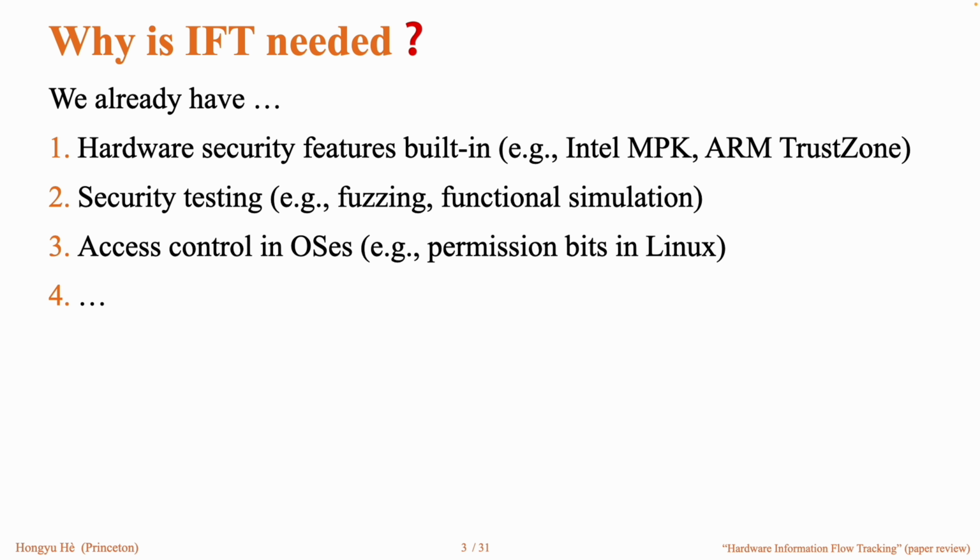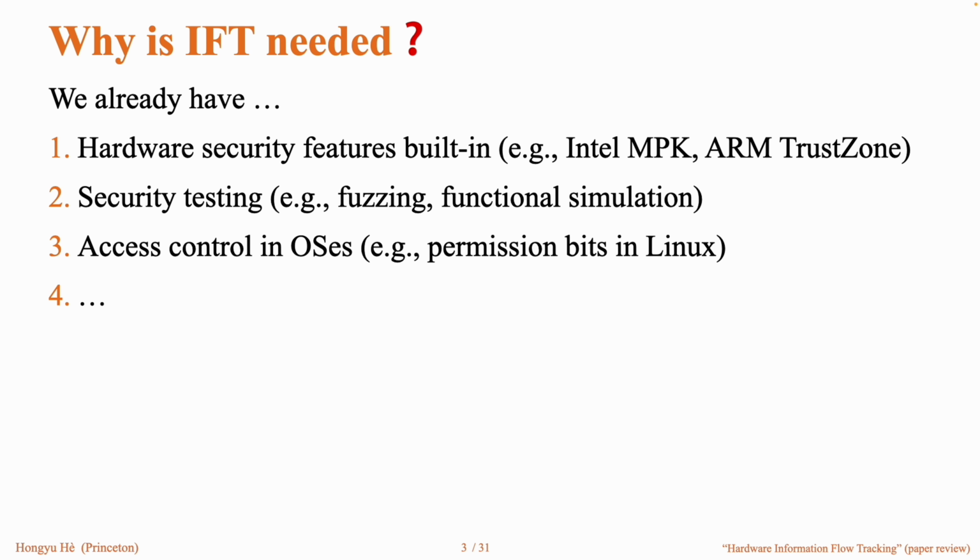The idea I had was that all of these features have to be used correctly, and they are features that you need to explicitly use. For example, the hardware security features have to be used correctly, and the access control also has to be used correctly. So these are individual components that you add to your software to hopefully make it more secure.